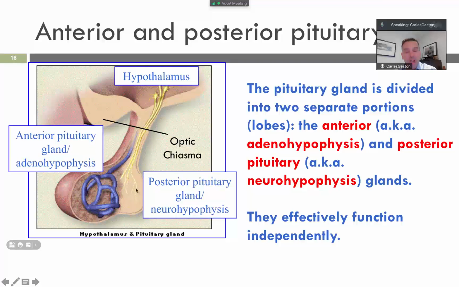But the anterior pituitary does not contain axons, and it comes from another tissue which we will study today. Although they form one unique gland, they work separately under the regulation of hypothalamic inputs.